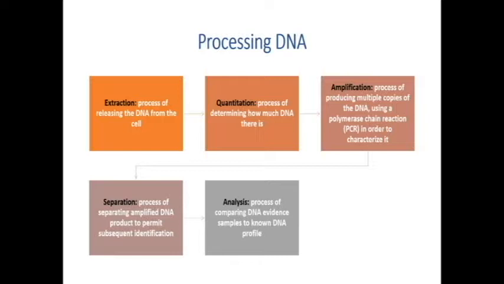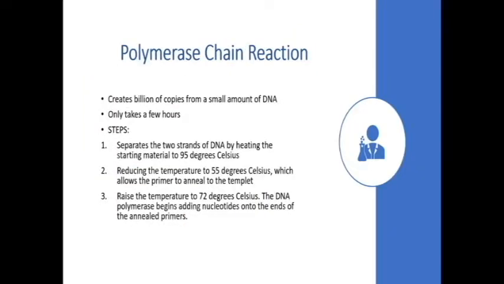collected from potential suspects. The polymerase chain reaction is used during the amplification step of processing DNA. It creates billions of copies from a small amount of DNA and only takes a few hours. There are 3 steps. The first step is separating the 2 strands of DNA by heating the starting material to 95 degrees Celsius.